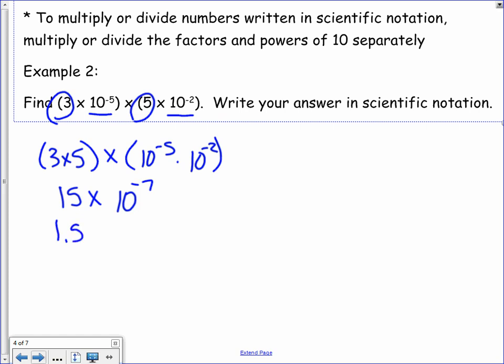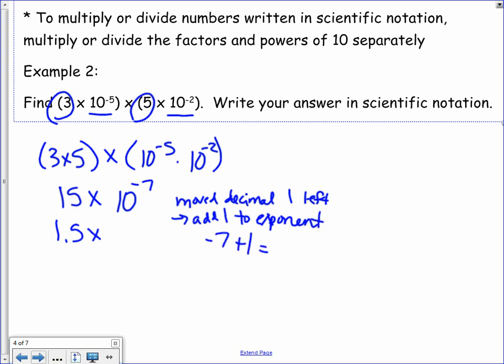I had to move the decimal 1 to the left, which means I need to add 1 to the exponent. Negative 7 plus 1 equals negative 6. So that's how I get 1.5 times 10 to the negative 6.